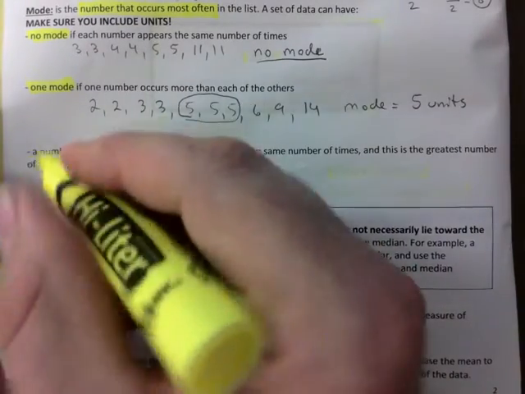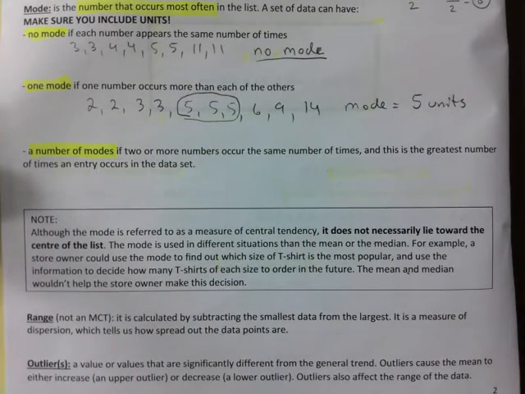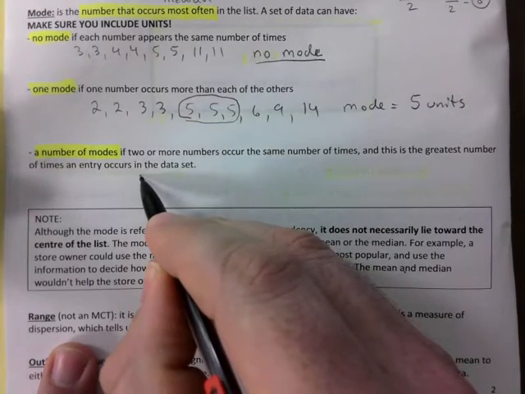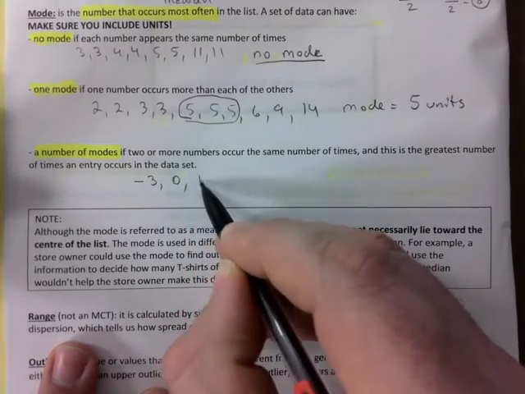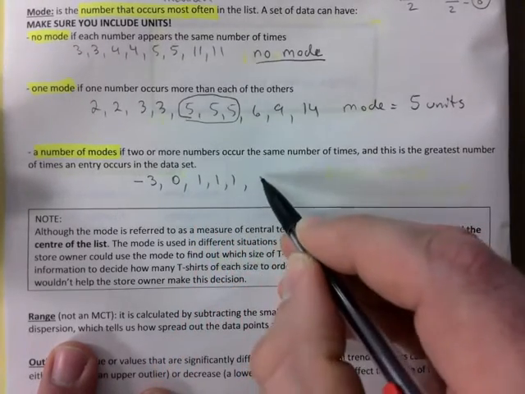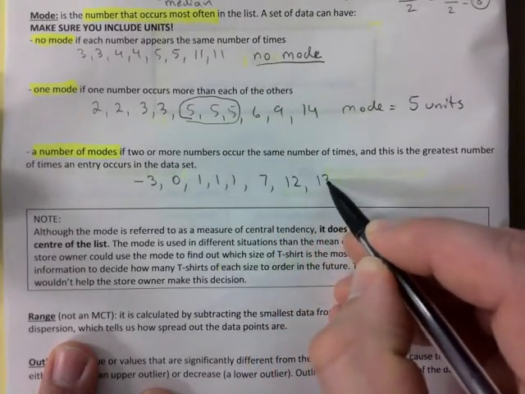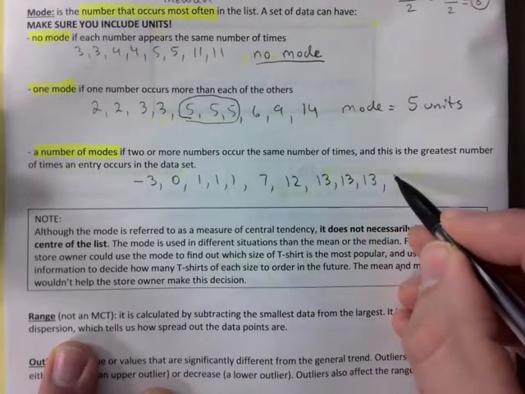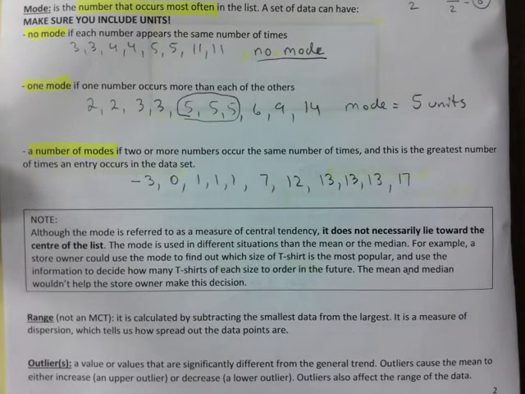You could have a number of modes. So this is the case where you could have, let's say, -3, 0, 1, 1, 1, 7, 12, 13, 13, 13, 17. So let's just say you have a set like that. I arranged it to make it easier for us to see.